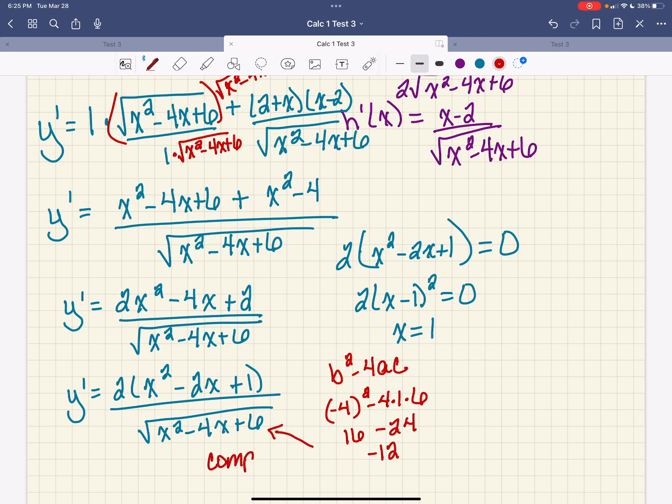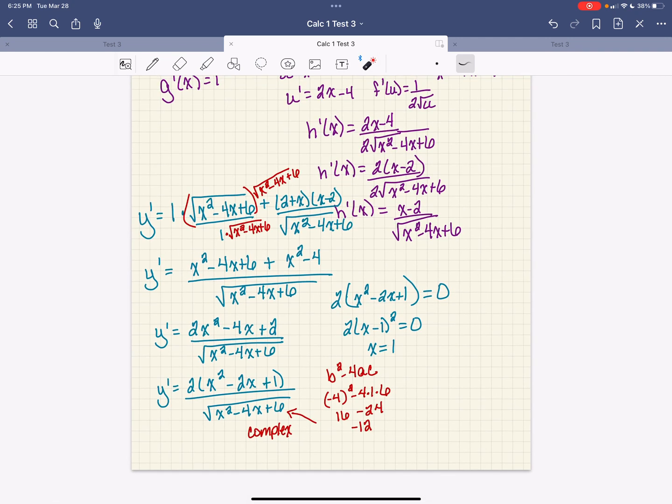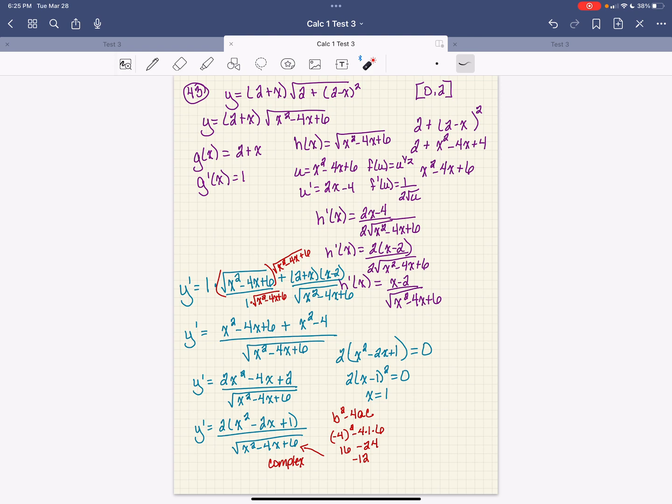And because they're complex, they are not going to fall in this interval that we are looking at for this problem. So I don't have to worry about any of the values from the denominator because they're complex imaginary numbers. So what I've got is a critical number of 1 that I've got to focus on, and then I've got to focus on the endpoints 0 and 2.